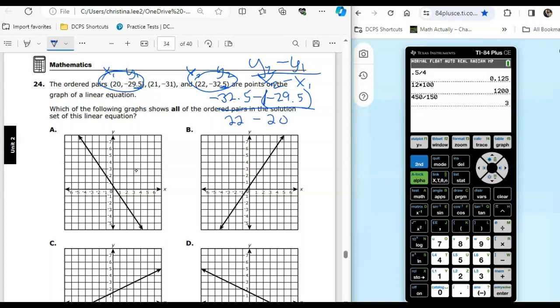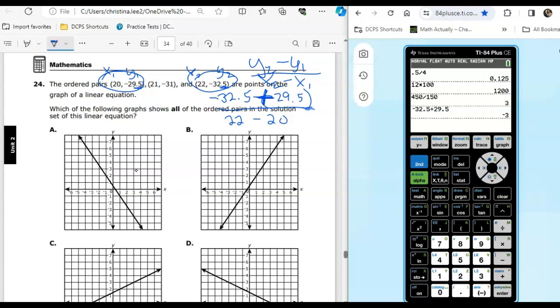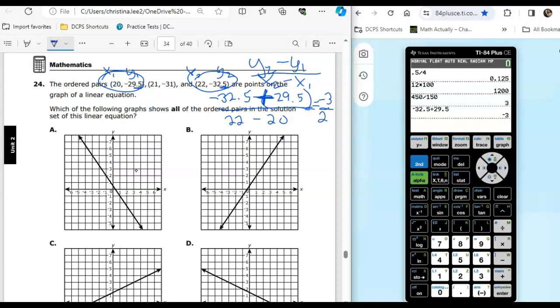Well, a minus becomes a plus here, but this is still going to be negative, because negative 32.5 plus 29.5 is still going to give us a negative answer because negative 32 is larger. So negative 3 over 22 minus 20, which is 2.